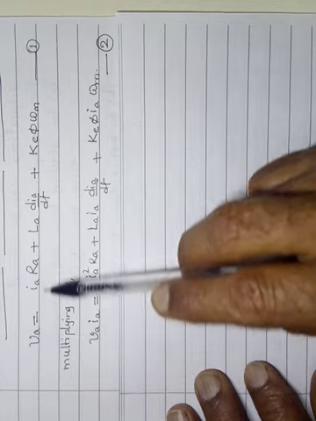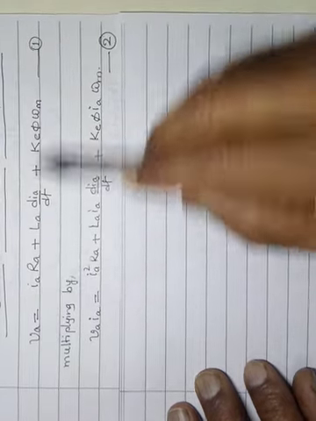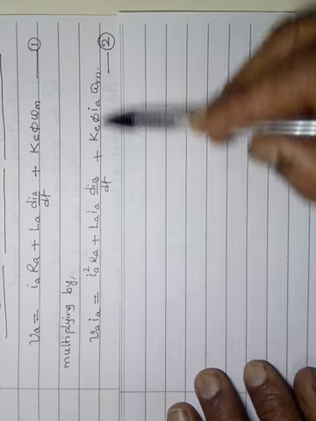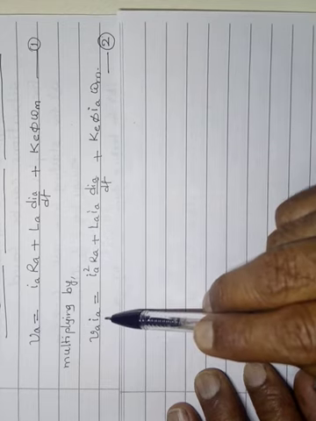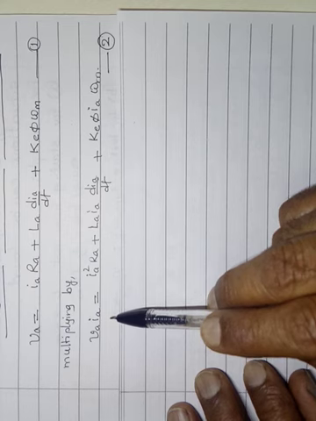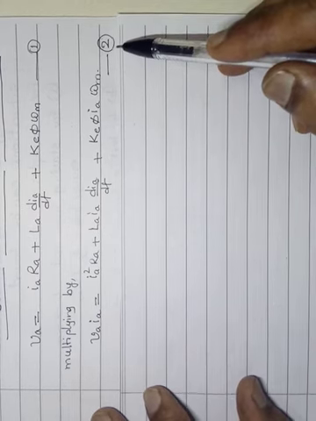I am just multiplying it by IA. Equation 1 is a voltage equation. I am multiplying it by current. When I multiply voltage by current, the parameters become power parameters. Hence, equation 2 is a power equation.